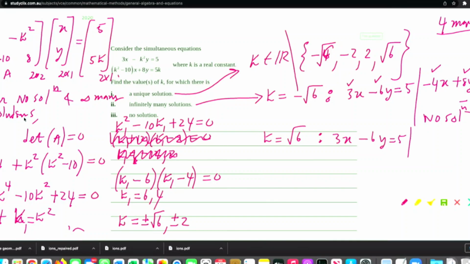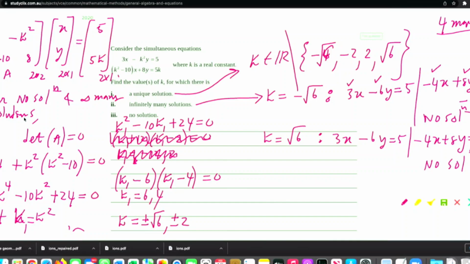The other one would be minus 4x plus 8y is equal to 5 square root 6. So again the same problem, no solution. Do it in your book.